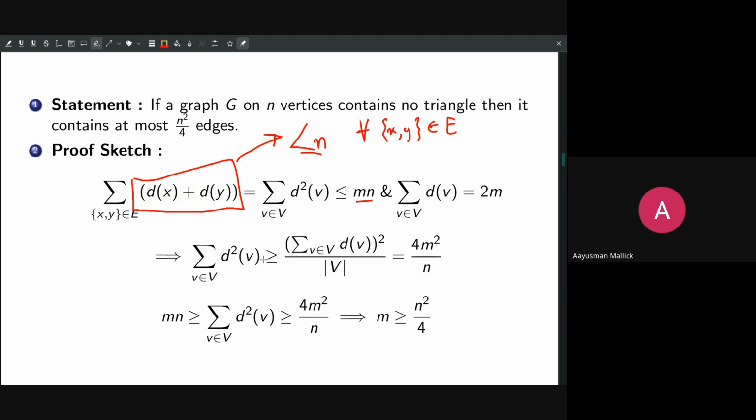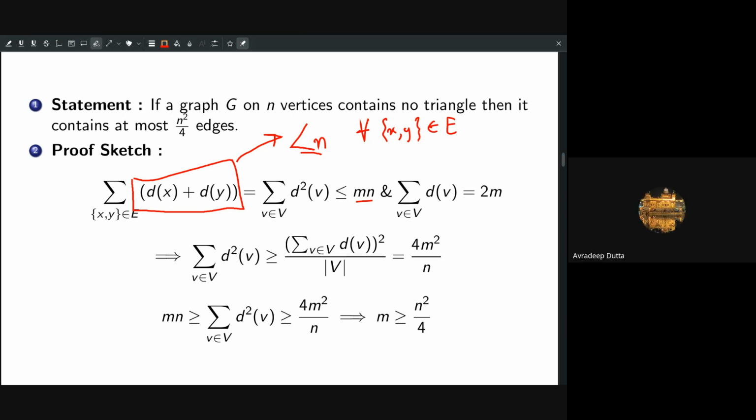On that we apply the Cauchy-Schwarz inequality, and we get that the summation of squares of degrees over vertices is always greater than or equal to 4m squared by n, where m is the number of edges and n is the number of vertices.